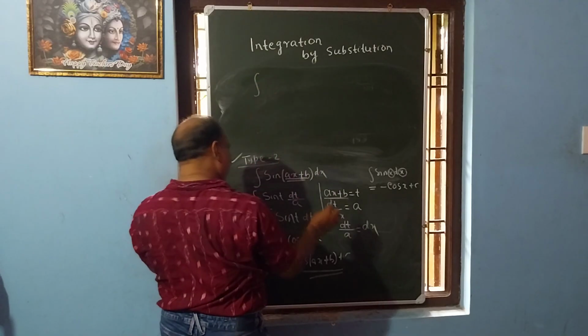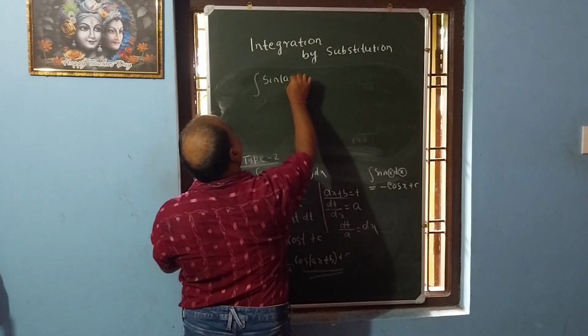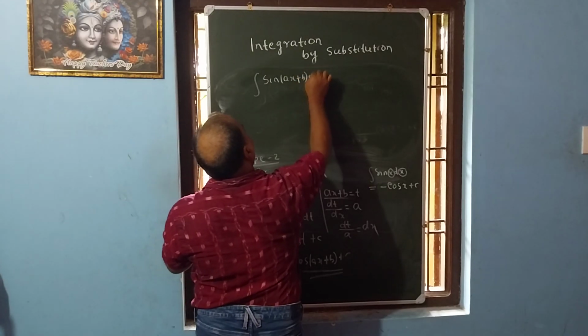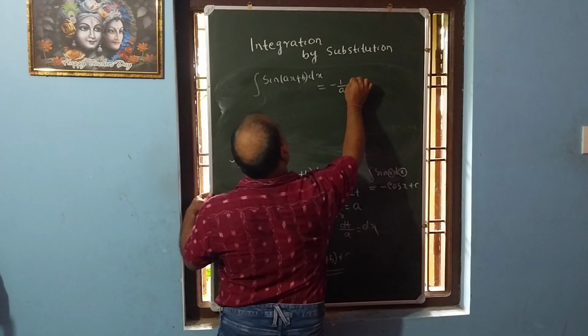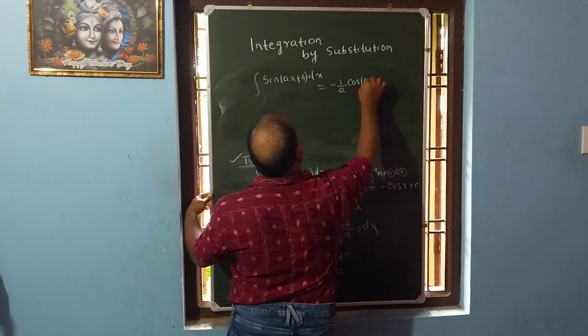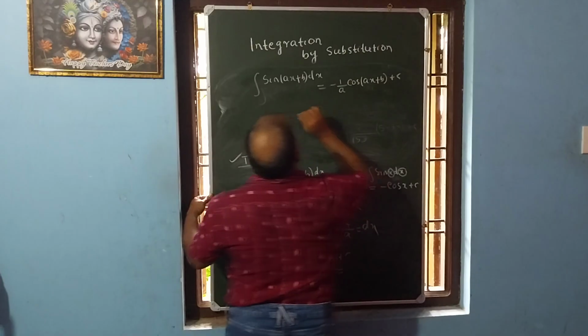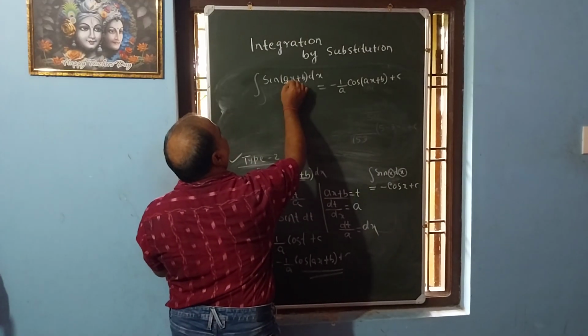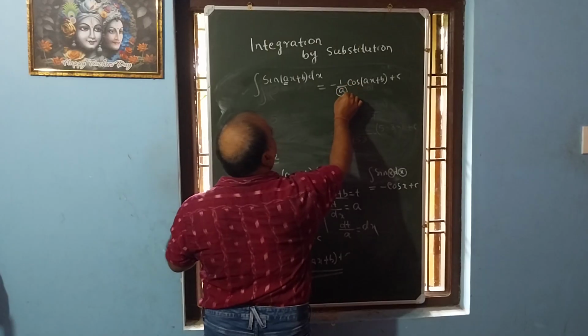Integration of sin(ax + b) dx is equal to minus 1 by a cos(ax + b) plus c. Here you see the coefficient of x is equal to a, so that quantity will be divided here.